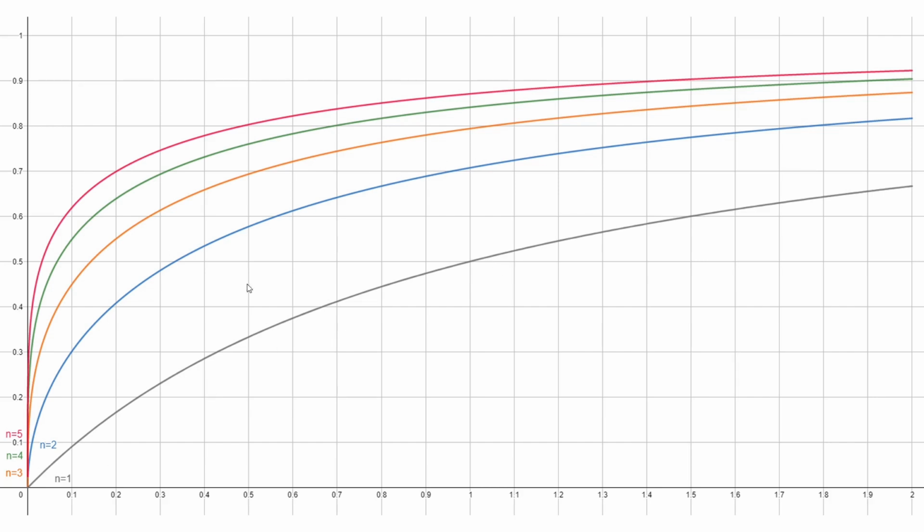But these curves here for n equals 2, n equals 3, n equals 4, and n equals 5 are the respective roots of alpha. So for n equals 2, that means that there's 2 defenders. Say for example, you're in a multi-way pot with 3 players. One of the players has made a bet, and now we want to calculate the average folding frequency for each of the other 2 players.